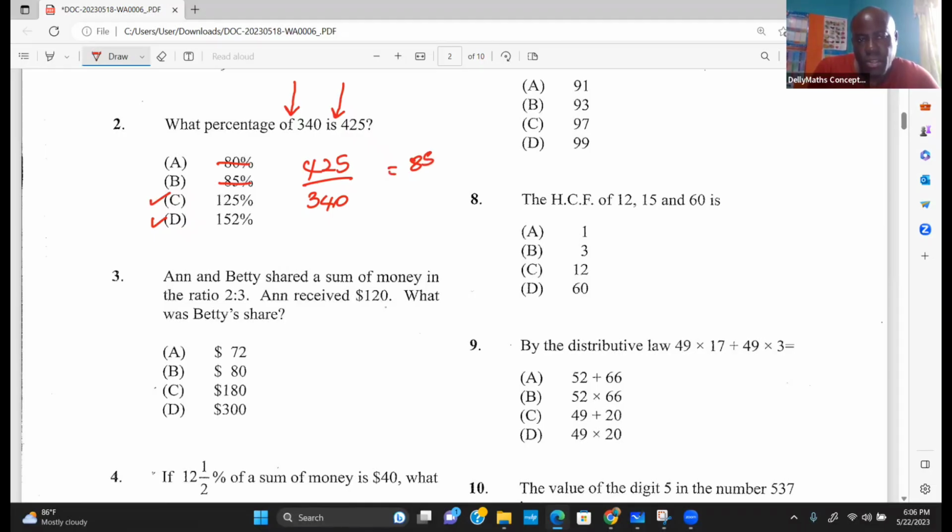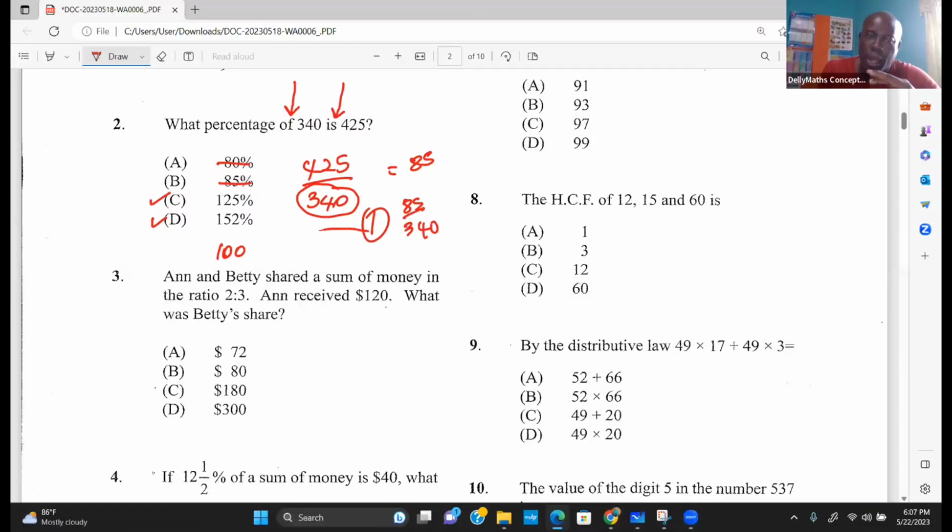The thing is, when you subtract the first 340, that is already 100%. In other words, the 340 can go into 425 one time already. So that's 100%. So when I subtract, I'm trying to find the remainder. So 85 is left. So it can go into it one time and 85 over 340.